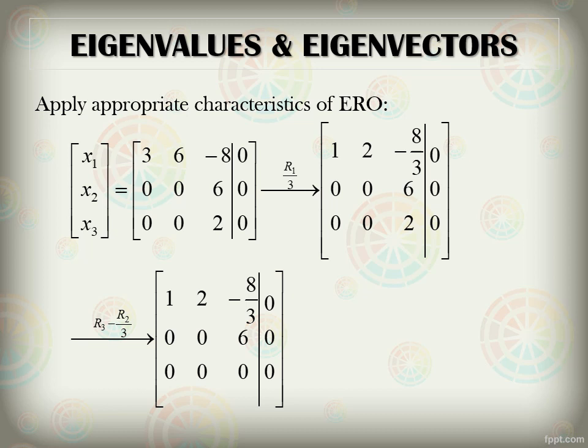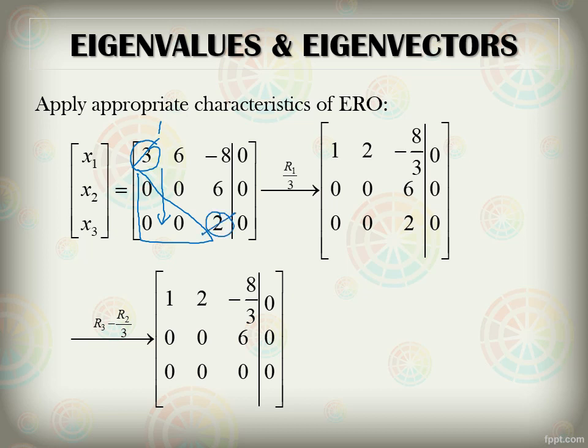So to reduce to REF, by applying the GEM, your aim is to reduce the diagonal here to 1, and then go down, reduce these 3 elements to all 0, then make sure this is also reduced to 1.